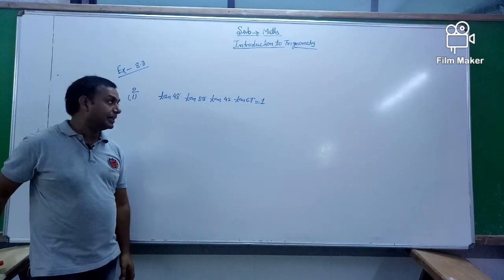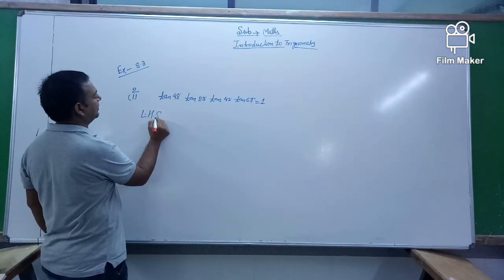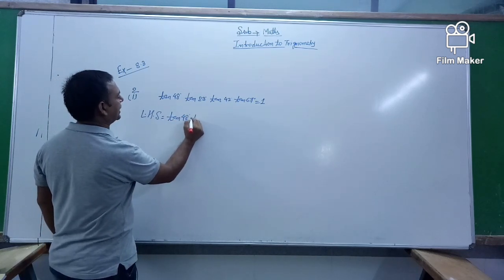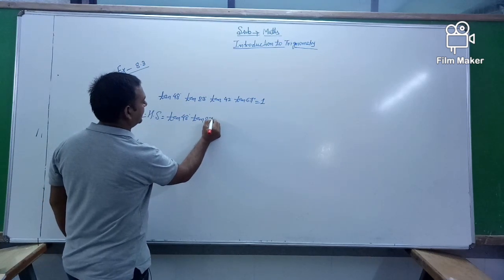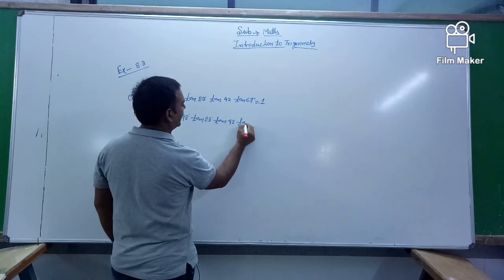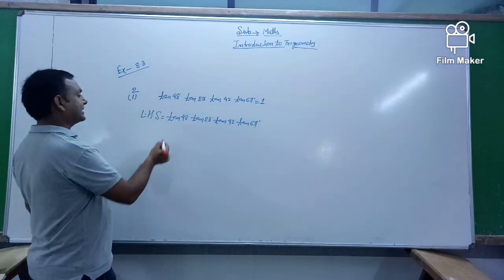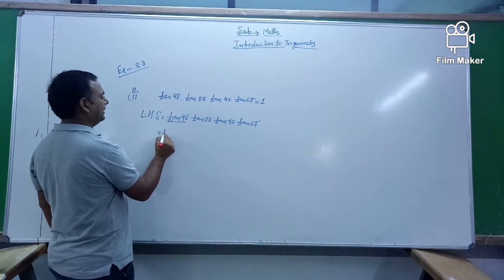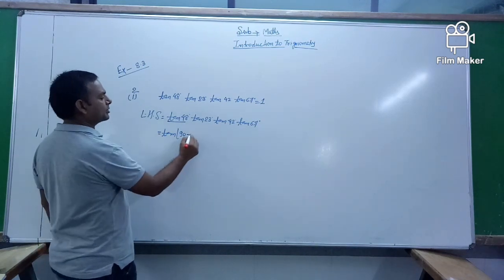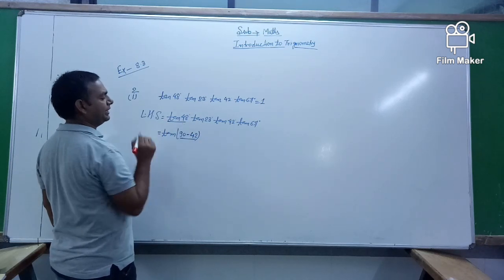Here you take the LHS, the left hand side: tan 48 degree into tan 23 degree into tan 42 degree into tan 67 degree, right? Then you write tan 48 as tan 90 minus 42, since 90 minus 42 is equal to 48.